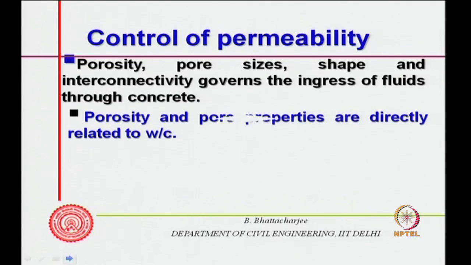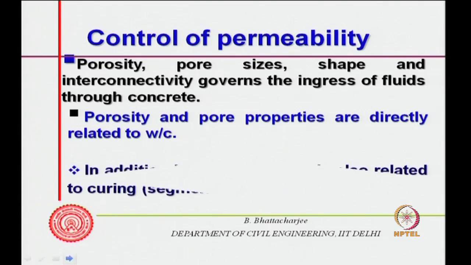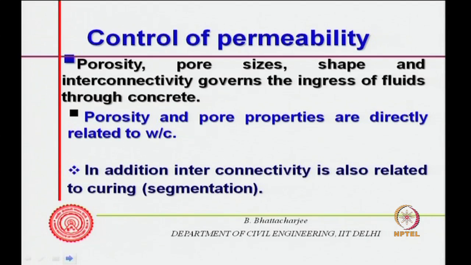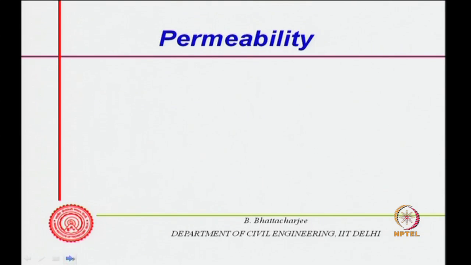Now, porosity and pore properties are directly related to water cement ratio, that is what we have also seen, and curing also plays an important role, because it causes segmentation. So, therefore, we control water cement ratio and curing, these are very important issues with regard to strategy for durability. All right. So, interconnectivity is also related to curing, that is segmentation. So, let us see something more related to this permeability.